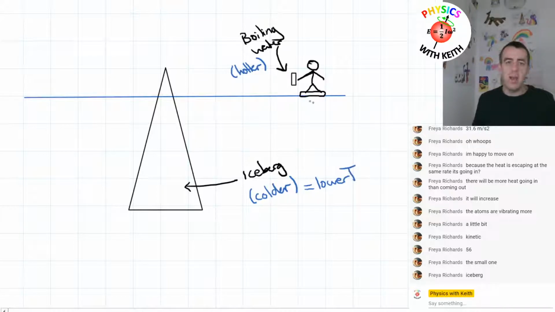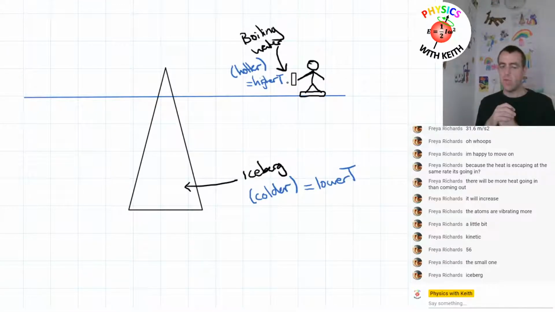But which one has more thermal energy, more heat energy inside it? An enormous multi-ton iceberg that's colder, or a cup of boiling water which is hotter? But which one actually has more thermal energy?